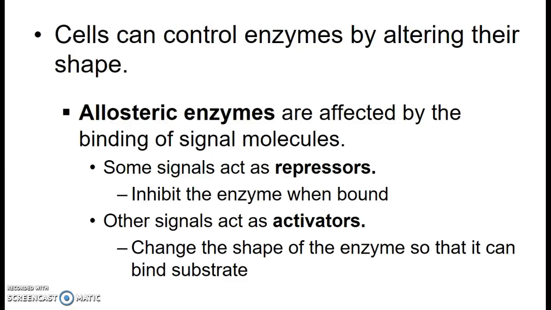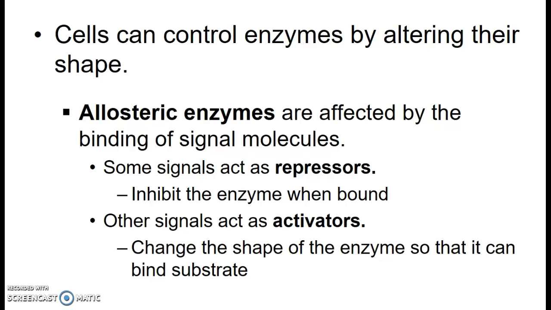Okay, so cells can control enzyme activity by altering the enzyme's shape. This is a term that I would like for you to be familiar with. Allosteric enzymes are affected by the binding of signal molecules, and usually these signal molecules are bound either in the active site or in another place on the enzyme, but the overall effect is that the enzyme's activity is either activated by the binding of a signal molecule, or it can also be repressed or stopped by the binding of a signal molecule.